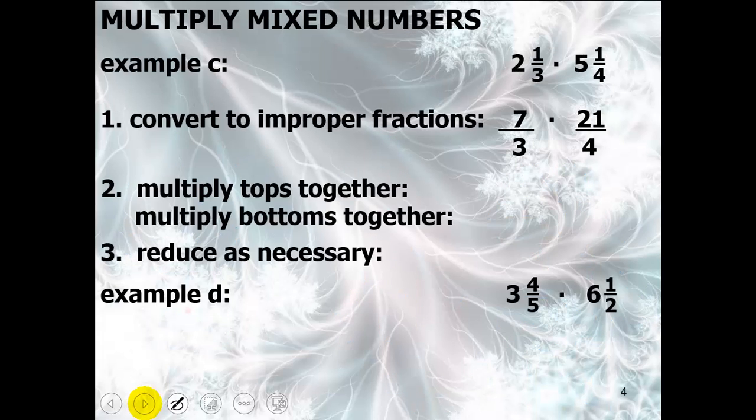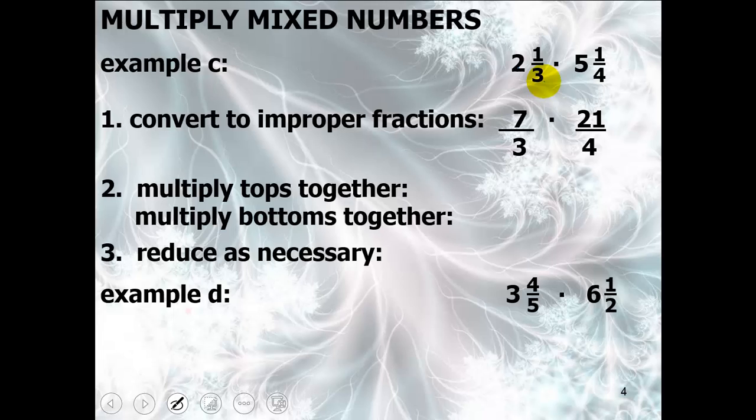All right, now when we have mixed numbers, we have one step that we have to do before the technique that we just learned. We're going to convert all of our mixed numbers. Remember what a mixed number is. It has a whole part and a fraction part. And we're going to convert it into an improper fraction.